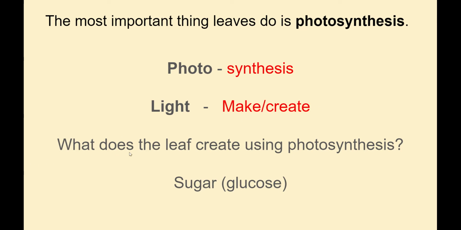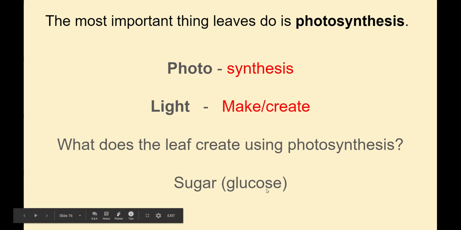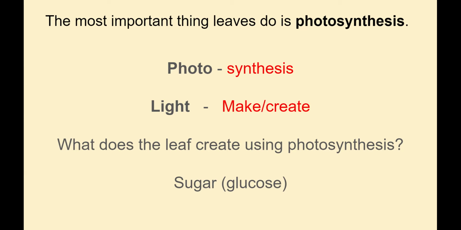So what the leaf actually creates during photosynthesis is something called glucose, and glucose is a sugar. Now, sugar is a form of energy. It's a chemical that all living things need, and they break down sugar to release the energy that's stored in that glucose molecule, and they use that energy to do everything.